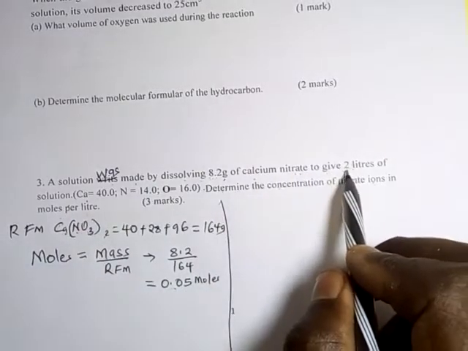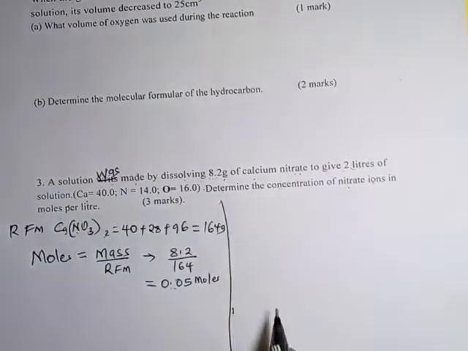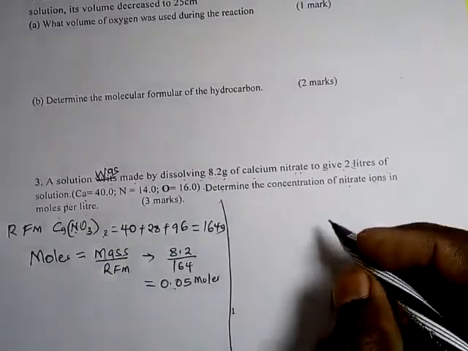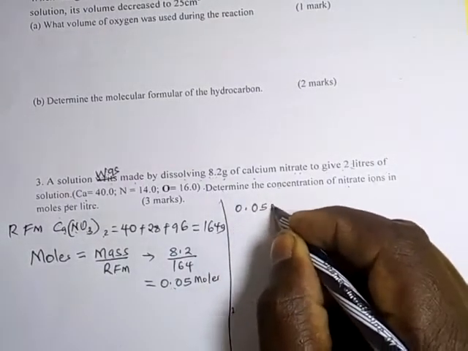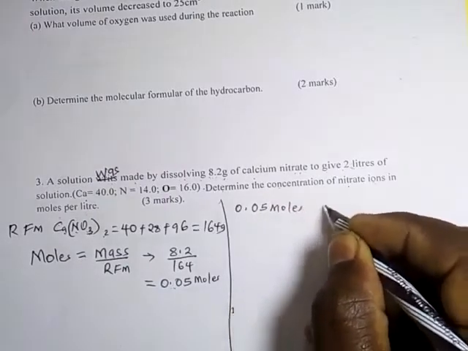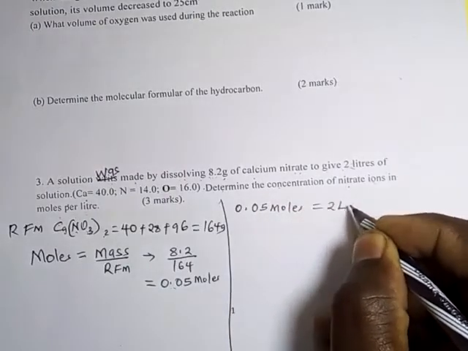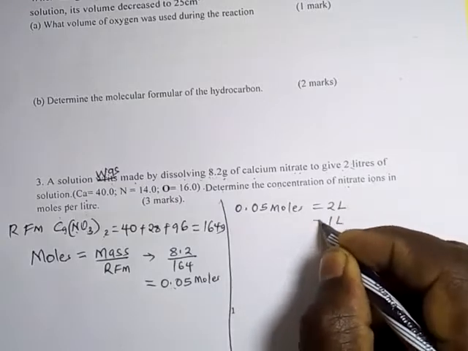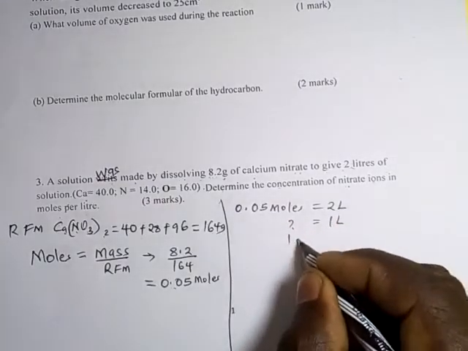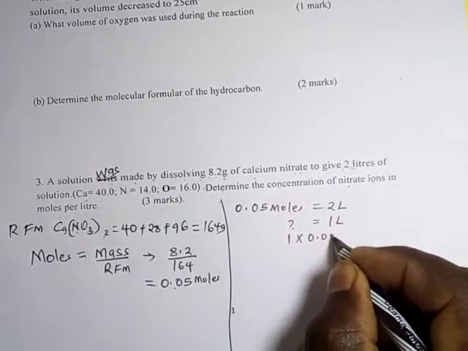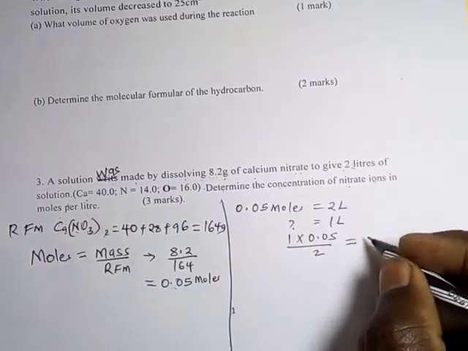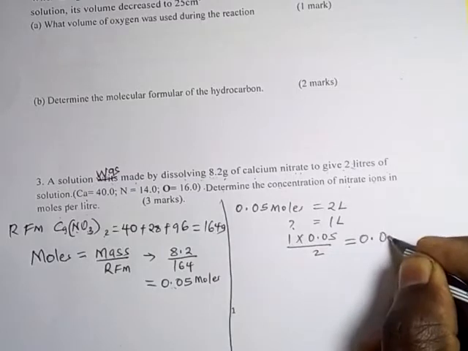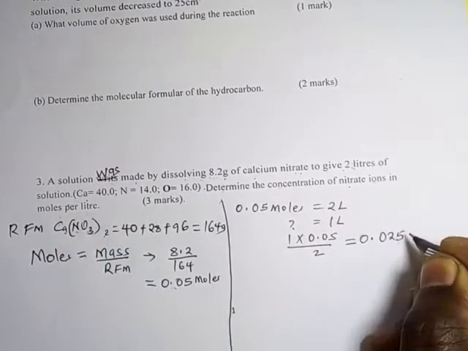So 0.05 is the number of moles present in 2 liters. 1 liter will contain how many? It is 1 times 0.05 divided by 2, and this gives us 0.025 moles.